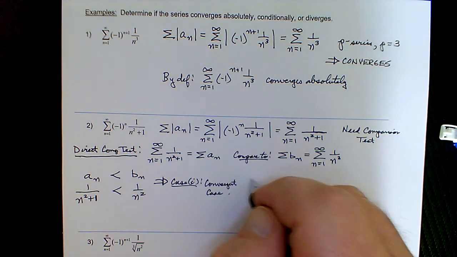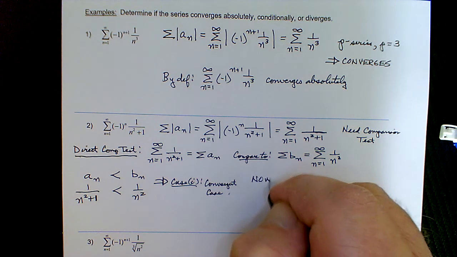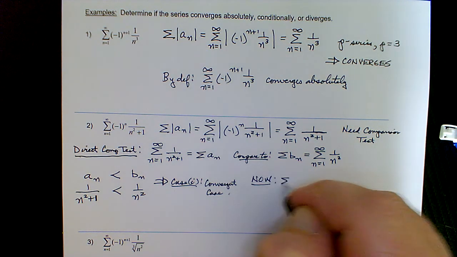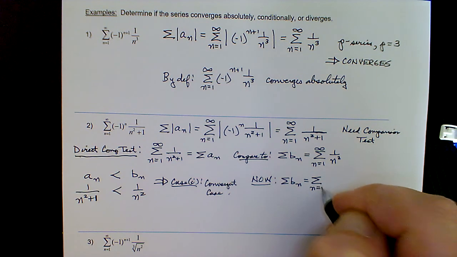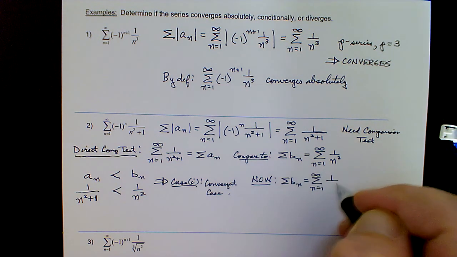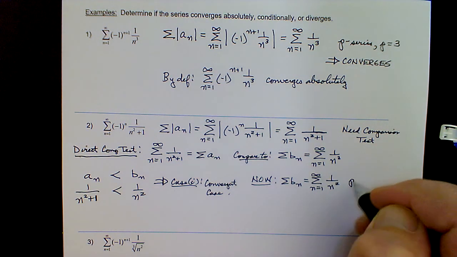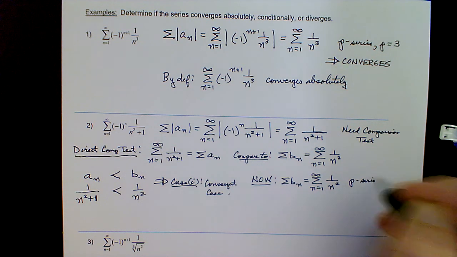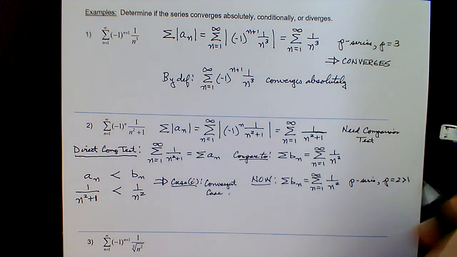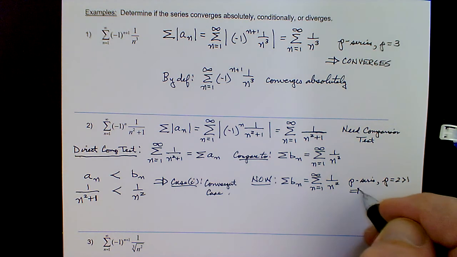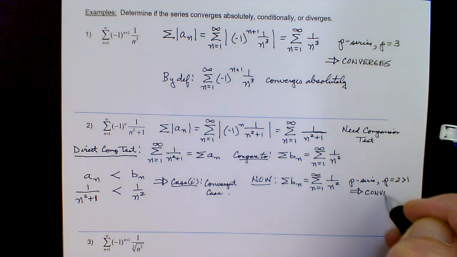Okay, so let's go over here and I'll say now, what does the sum of the b sub n do? Well, that was the sum as n goes from 1 to infinity of 1 over n squared. It's a p-series. p is equal to 2, which is greater than 1, and so it converges.